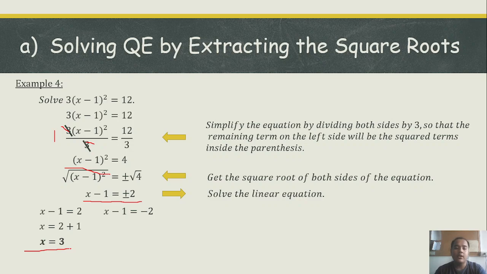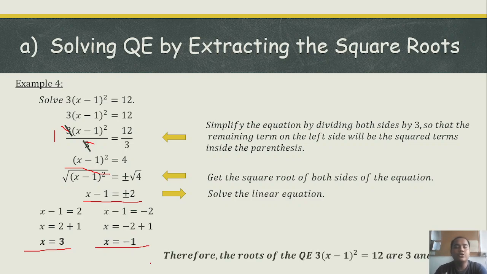The next one, x minus 1 is equal to negative 2. Transpose negative 1, it will become plus 1. So x is equal to negative 2 plus 1. So the second root will be x is equal to negative 1. Therefore, the roots of the quadratic equation 3 times x minus 1 squared is equal to 12 are 3 and negative 1.